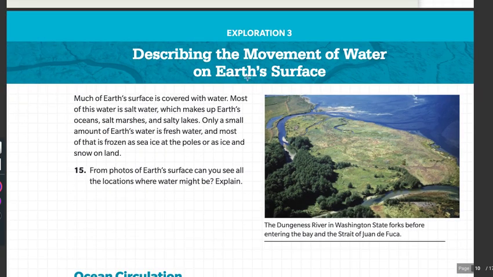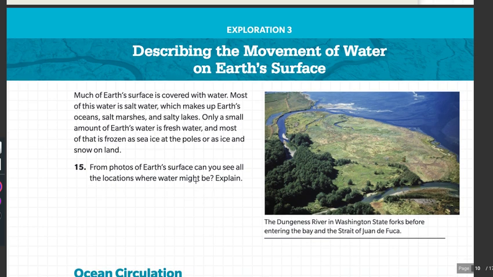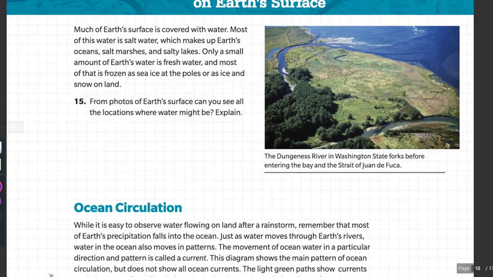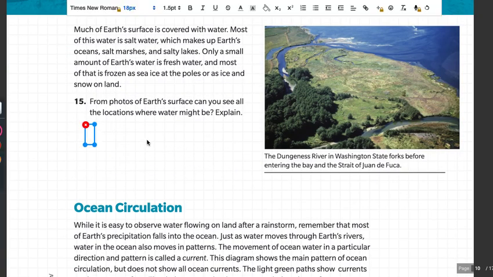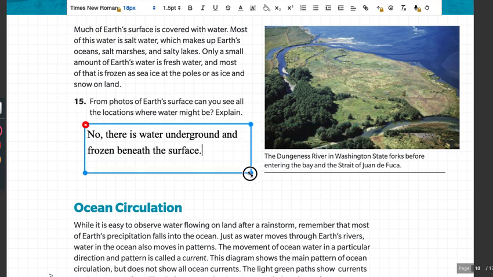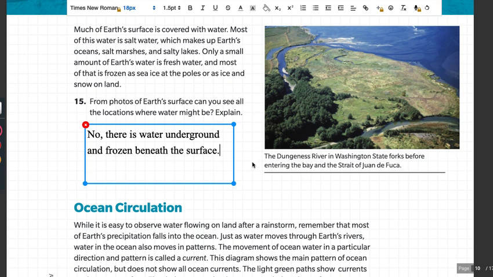Exploration 3. Describe the movements of water on Earth's surface. From photos of Earth's surface, can you see all the locations where water might be? No, you cannot. There is water underground and frozen beneath the surface. There's that saying, the tip of the iceberg, right?